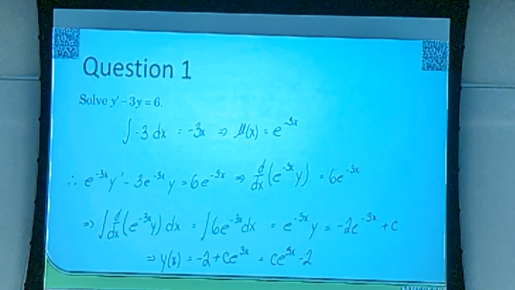So, I have a question: why does e to the negative 3x times y equal negative 2e to the negative 3x? Because all we do is anti-differentiate both sides, right? If you have two functions that are equal, their antiderivatives are also equal up to a constant.